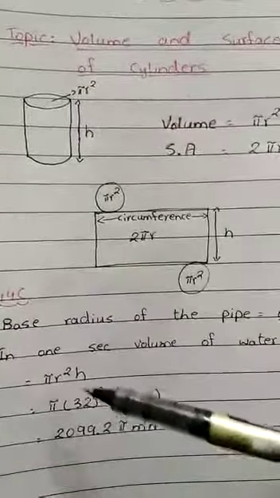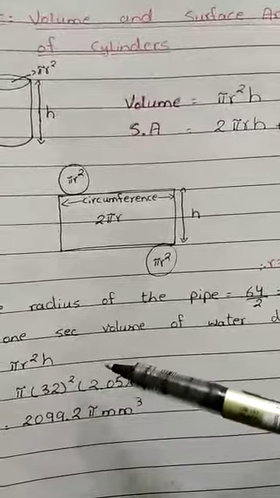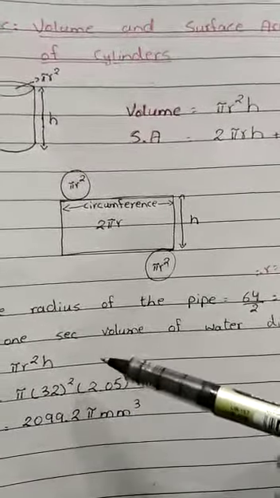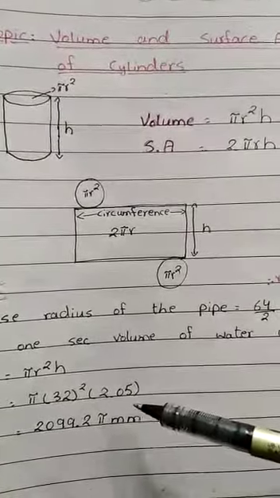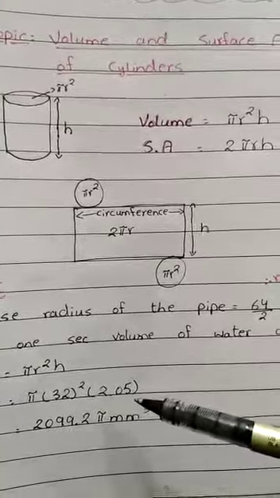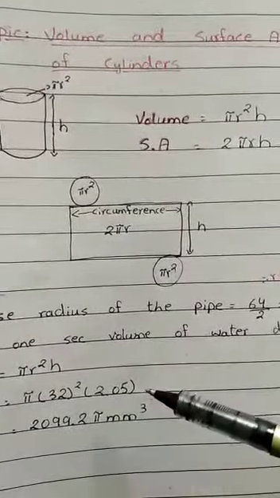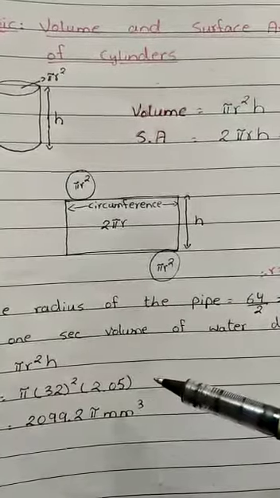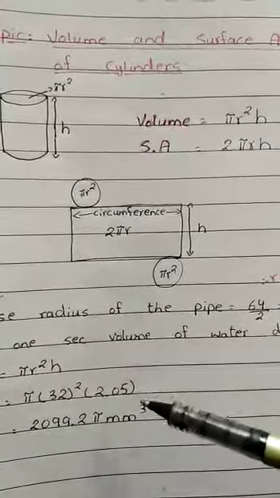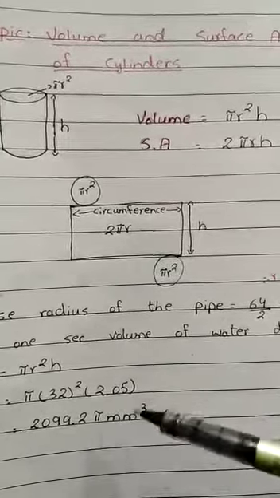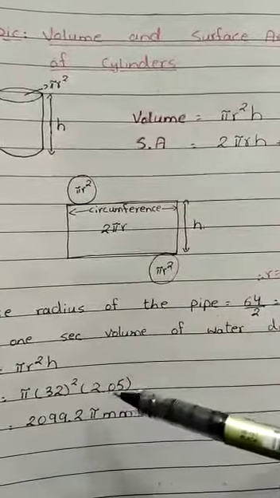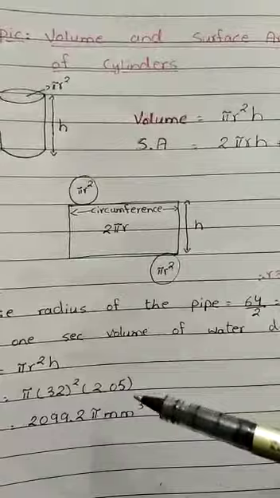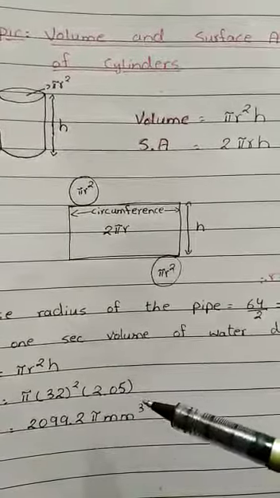Since water is discharged from the pipe at a rate of 2.05 millimeter per second, in other words, in 1 second the volume of water discharged is the volume of water that fills the pipe to a length of 2.05 millimeters. I mean to say that 2.05 millimeter is the height of the cylinder of the pipe.